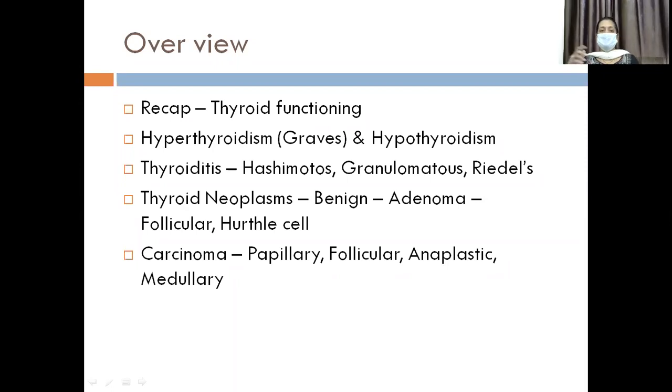Then Riedel's thyroiditis is a fibrosing thyroiditis where you can see extensive inflammation extending to the contiguous structures in the neck. It is stony hard, it mimics carcinoma, and it is very essential that we do a biopsy or an FNAC to rule out carcinoma in Riedel's thyroiditis.